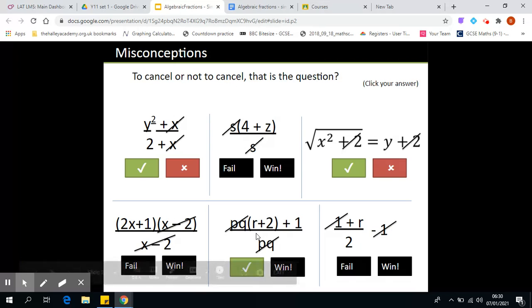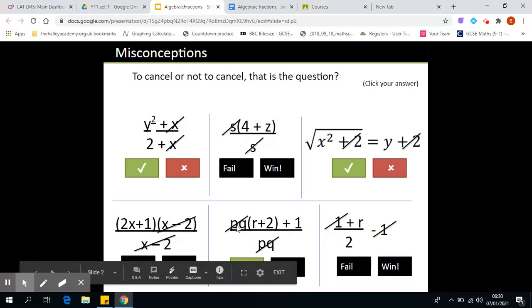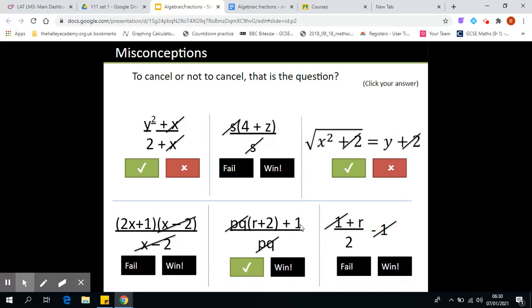Let's take this one. Now, PQ multiplied by R plus 2, plus 1, over PQ. Now, PQ, considered as a common factor, is cancelled. However, this is incorrect cancellation, as you can't divide it by PQ on both sides because of the plus 1, which is outside the brackets.